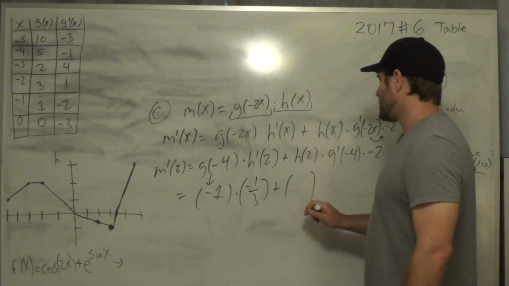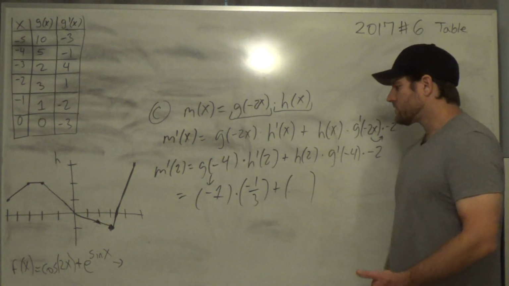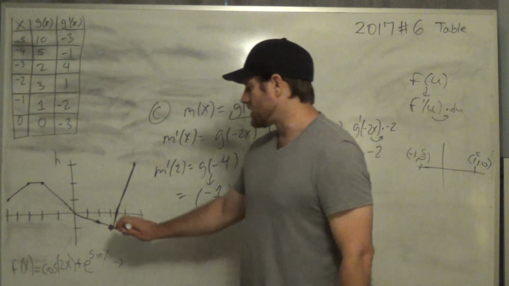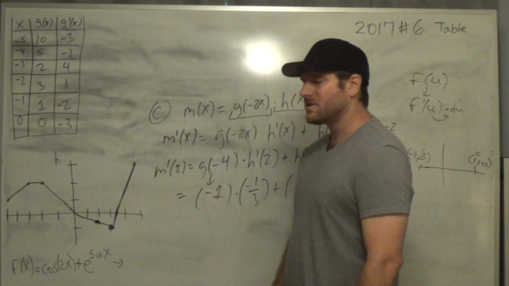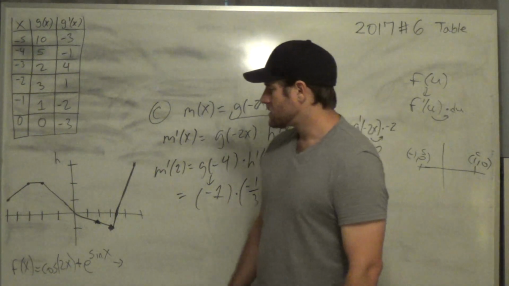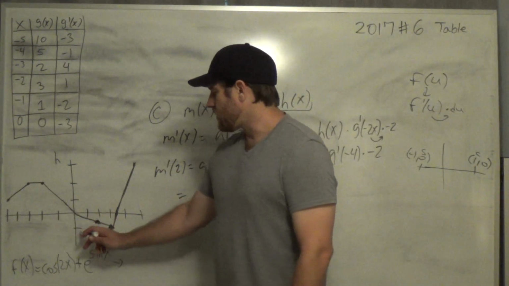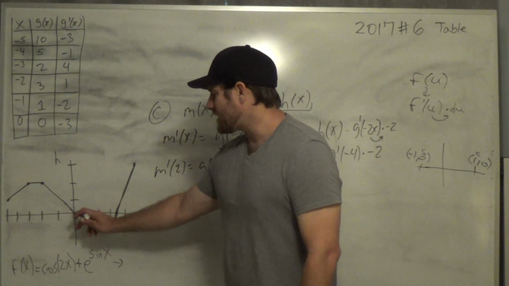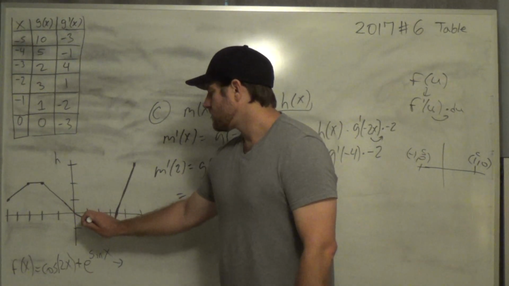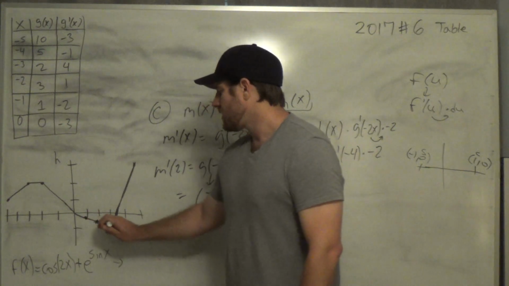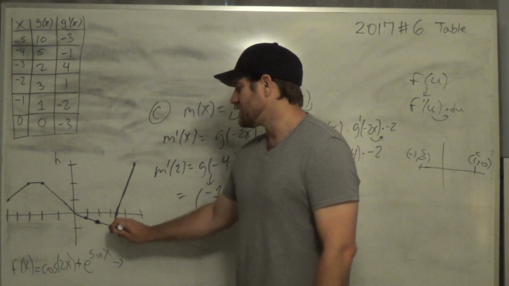H of 2 is going to take some work. H of 2 simply means what's this ordered pair here? Now, you might think, well, Mr. Pyga, this is crazy. It's some crazy decimal. Well, think of this. If this graph goes down 1 and over 3, so if it ends up going down 1 and it takes 3 to do it, here it's going to be down at 1/3, and then it's down at 2/3, and then it's down at 3/3.